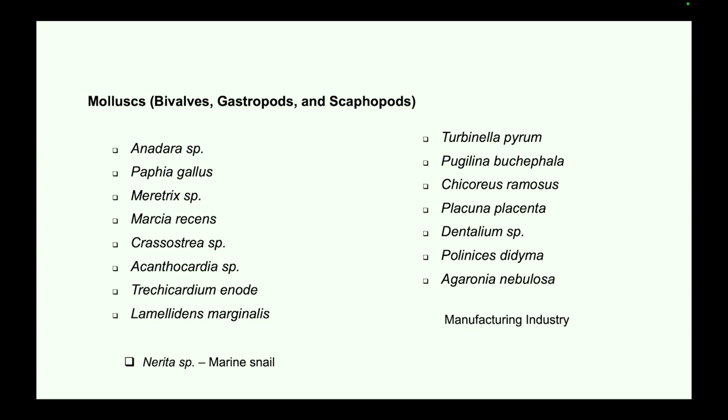From Kuntasi, many of these kinds of shells have been reported, where a manufacturing industry was situated, and the different bangles have been reported by the archaeologists. One important shell species, Nerita species, which is a marine shell, is also reported from the site.